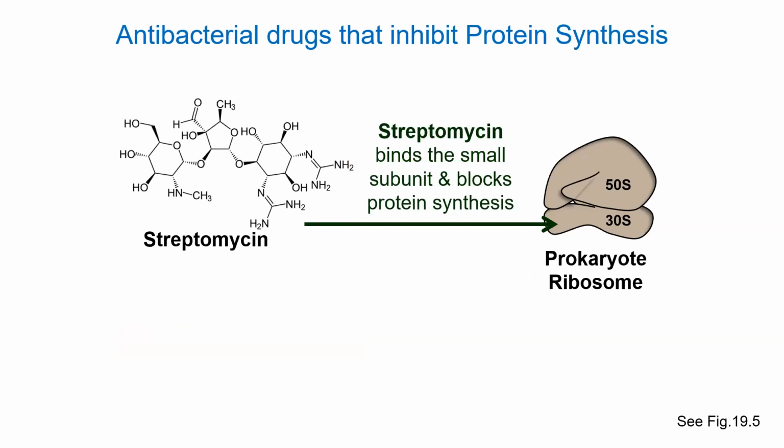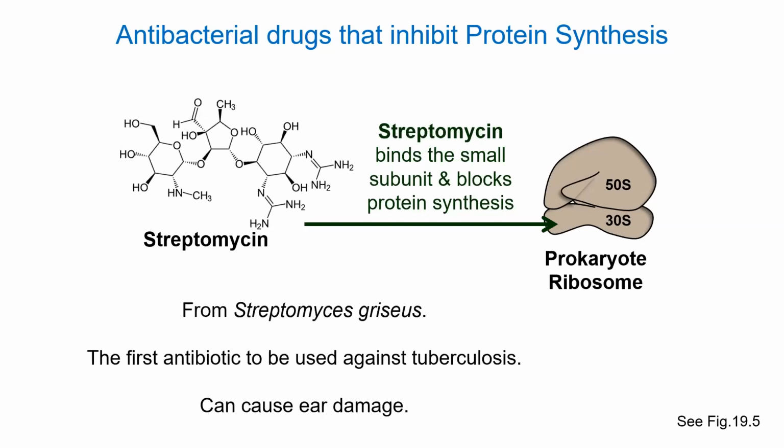So this drug was super important historically, and I think I have a note there in that we don't really use it anymore because it is also known to cause ear damage and can cause hearing loss. And this is the case with a lot of these antibiotics. Once we start to get out of the beta-lactam range, humans do have ribosomes. And so some of these drugs do have side effects, depending on the drug, particularly with prolonged use.